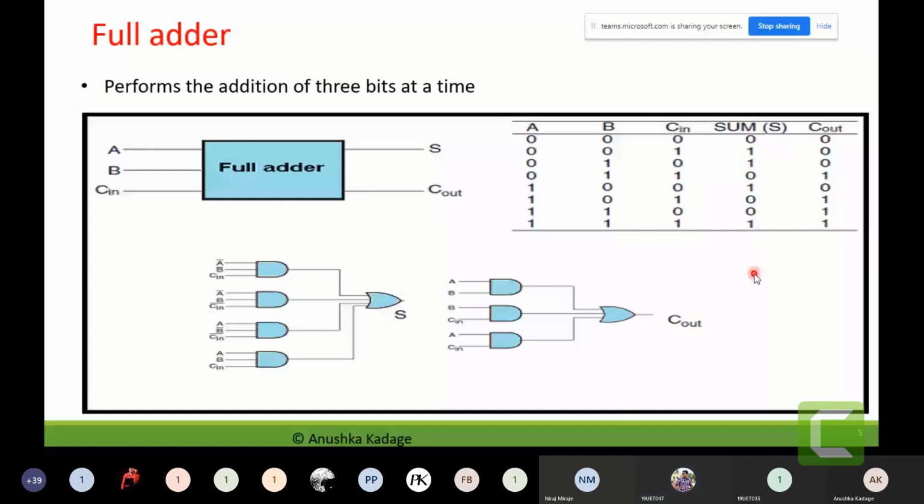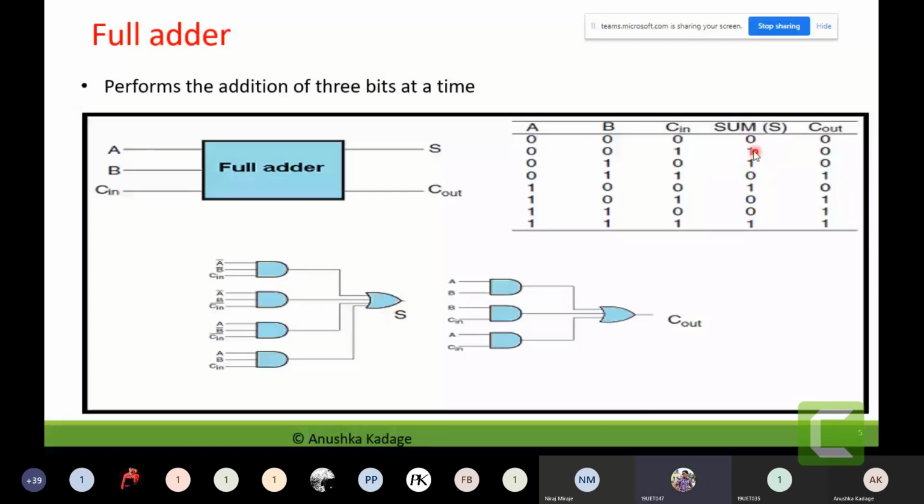Or what I can do simply is, I will look for that column, and in that column, whichever output variables are 1, corresponding to those output variables, the input combinations I will join with the ANDing gates, because this will be represented as sum of products.